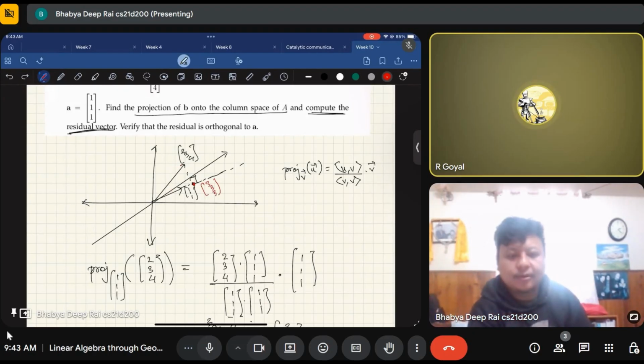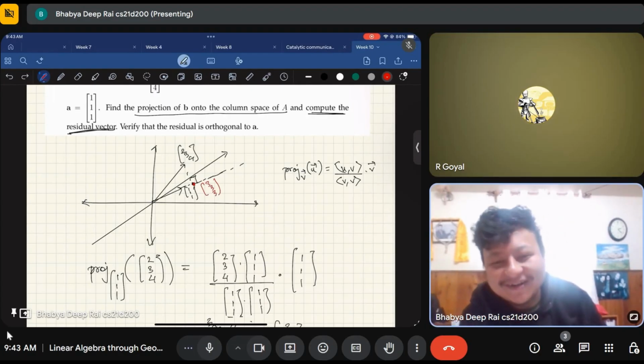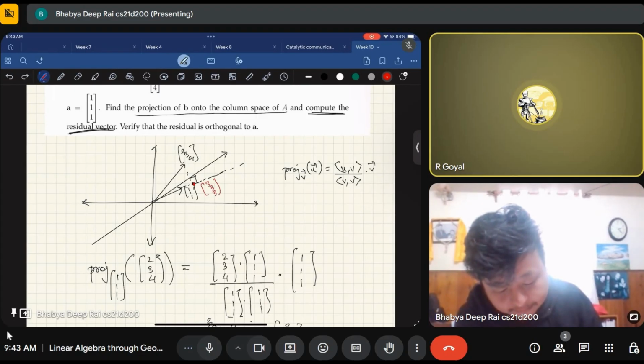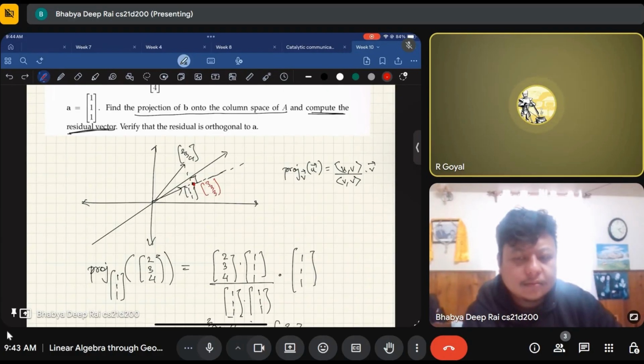Conceptually you are very close. We need to subtract something just to minimize the error. So what would that residual be? Can you go slightly down in the slide?